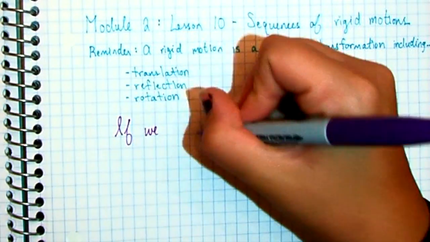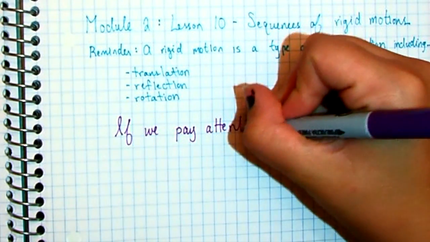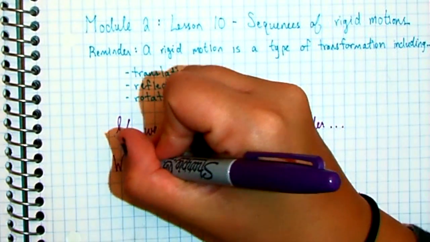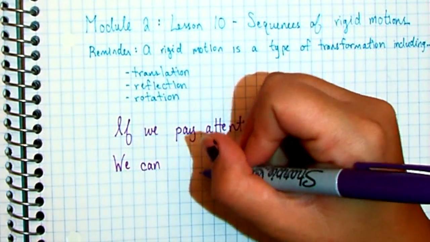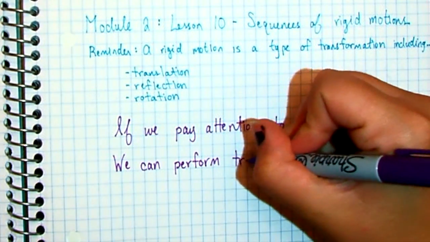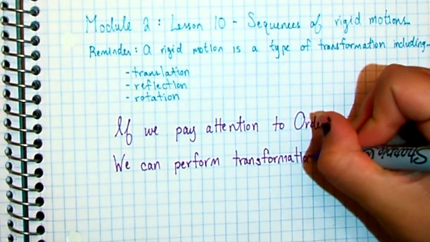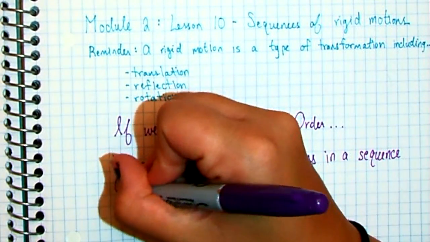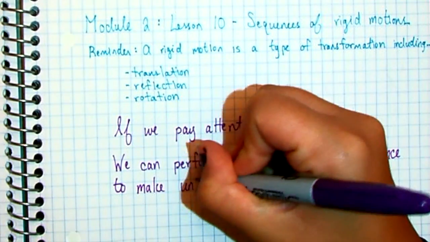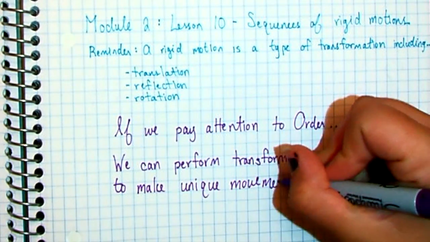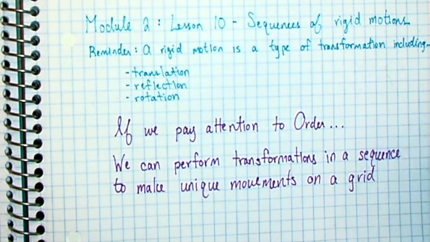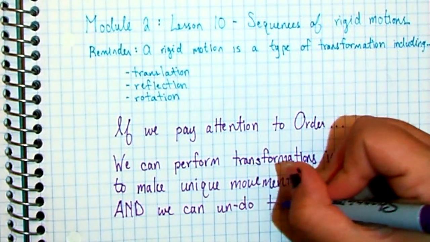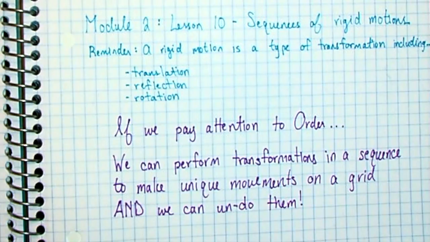So the main idea in sequencing transformations is to remember that if we pay attention to the order that we're performing our transformations in, we can perform transformations in a sequence to make unique movements on a grid, and we can undo those movements.